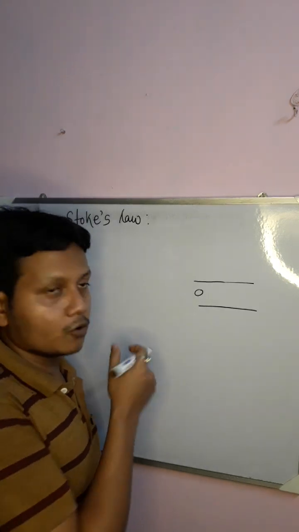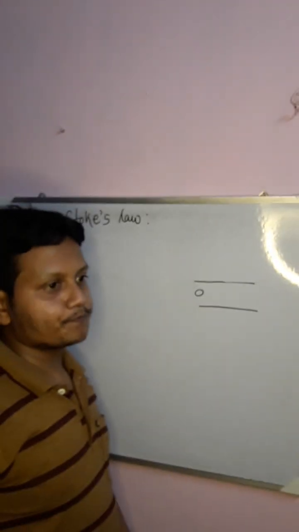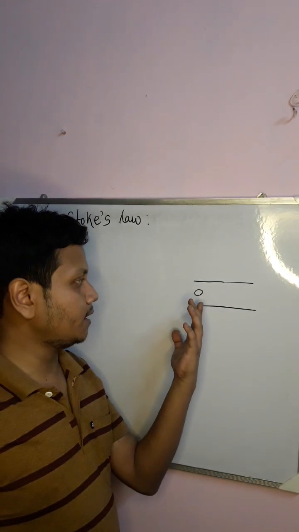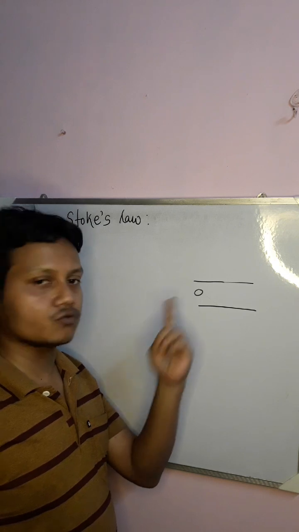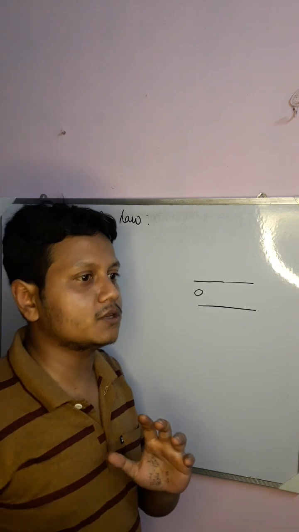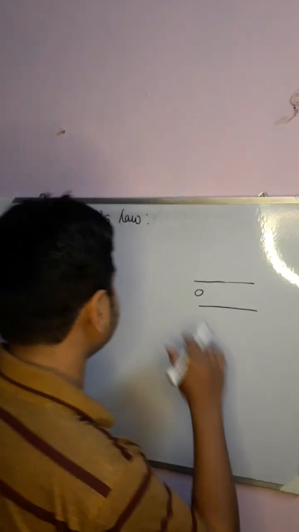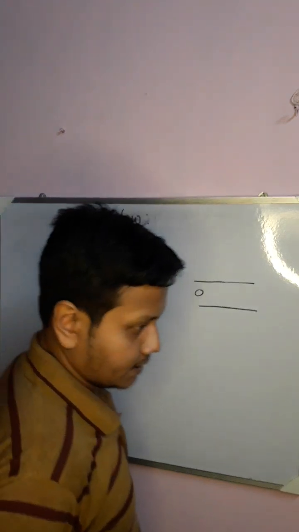When a body passes through a medium, the medium offers a dragging force to the motion of the object, and this viscous dragging force is usually expressed in terms of Stokes law.